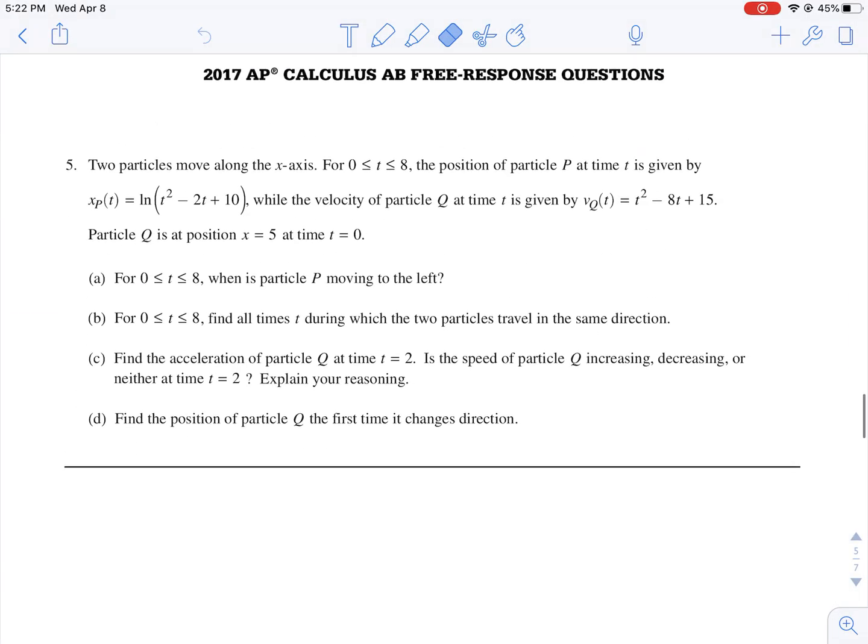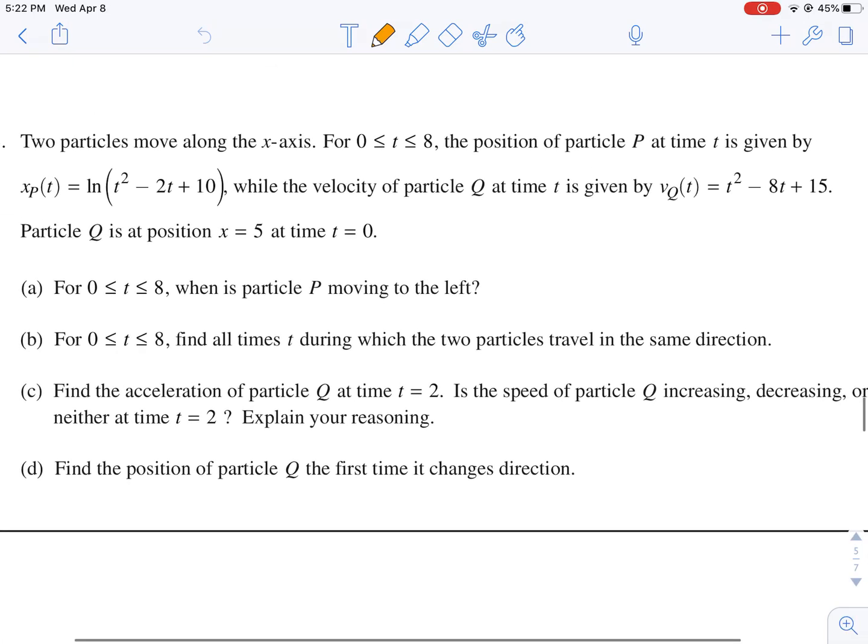All right. Number 5, we're looking at two different particles. We have the position of one particle and the velocity of another. Particle P, when is it moving to the left? Something is moving to the left when its derivative, or its velocity, is negative, and the velocity for particle P is the derivative of the position function.